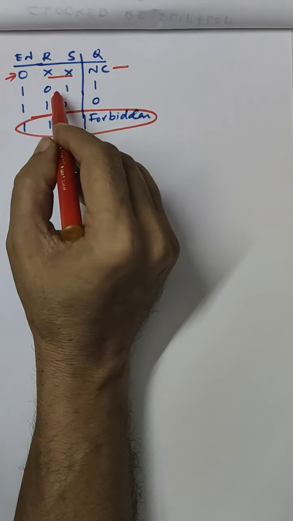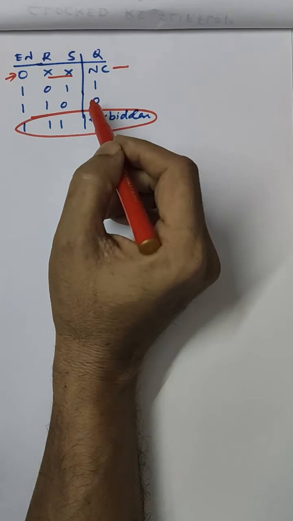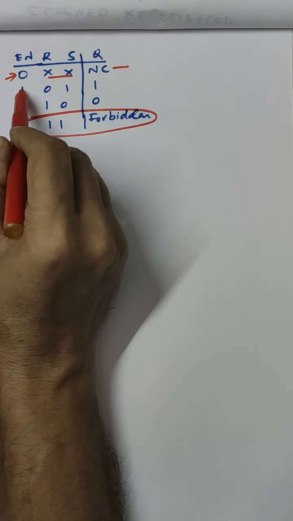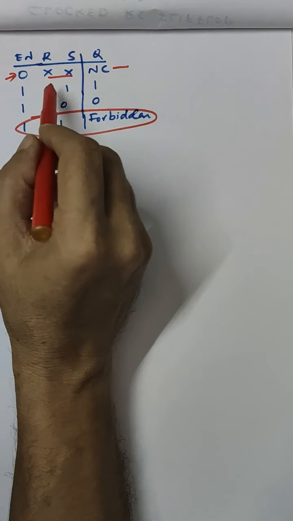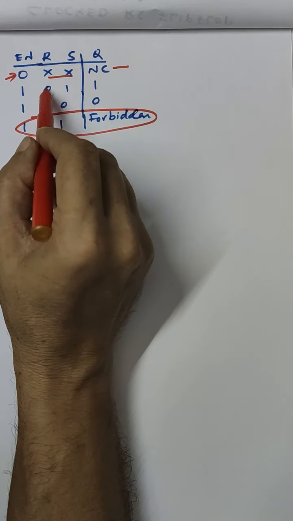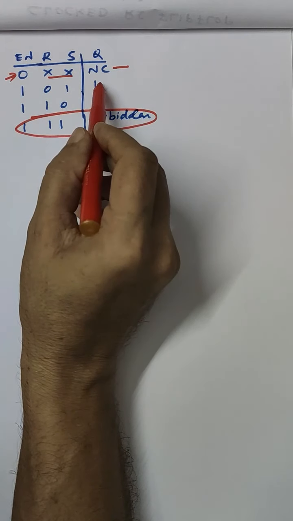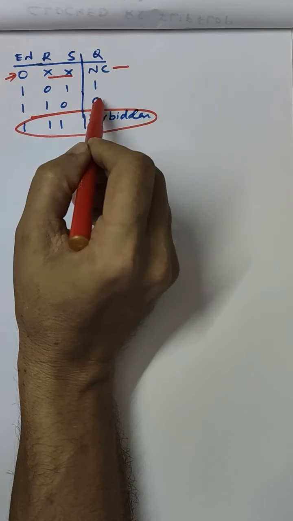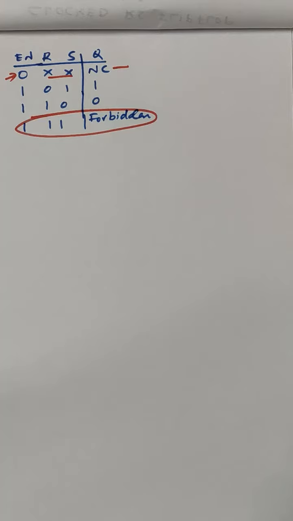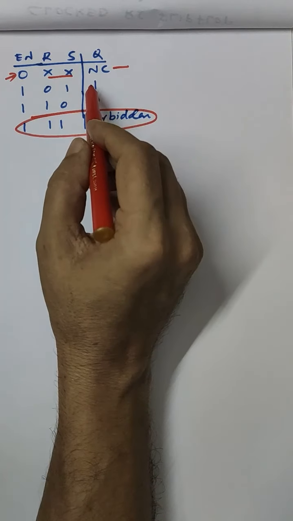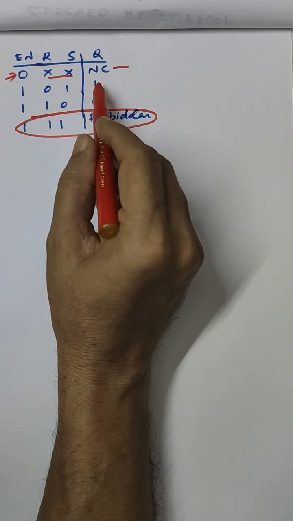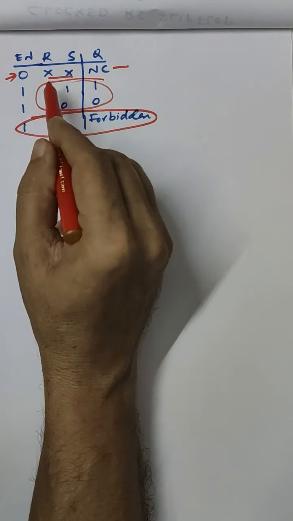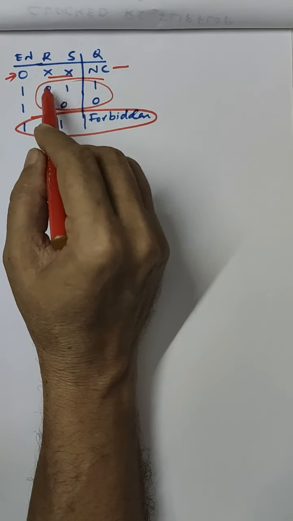Now when you want to change the output to set or reset the flip-flop, you have to apply the enable signal as 1 and make R equal to 0, S equal to 1 for the setting operation. The opposite, R equal to 1, S equal to 0, is for the reset operation. So when we want to change the state to store either 0 or 1, the input is always the complement of the other.